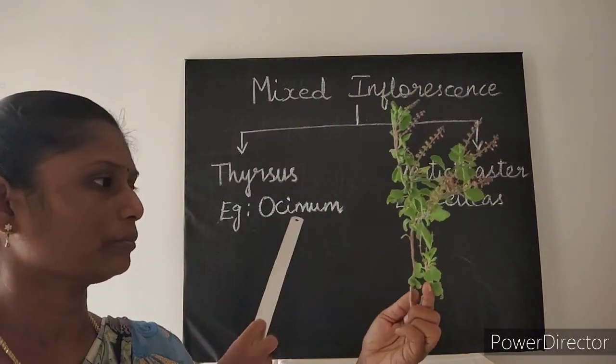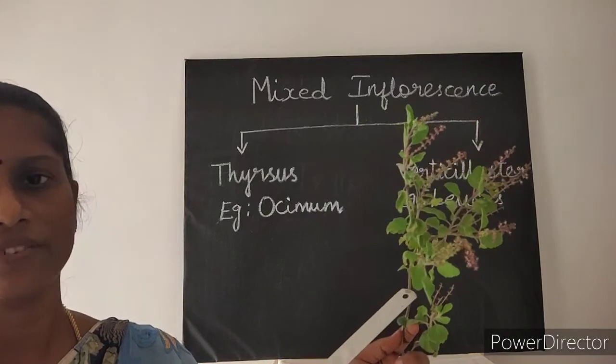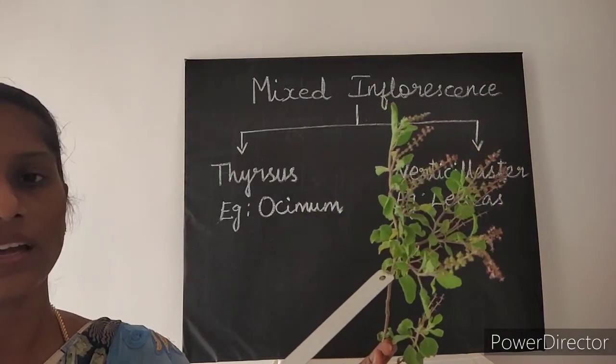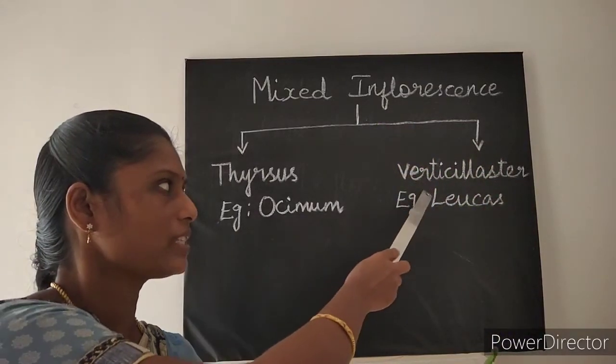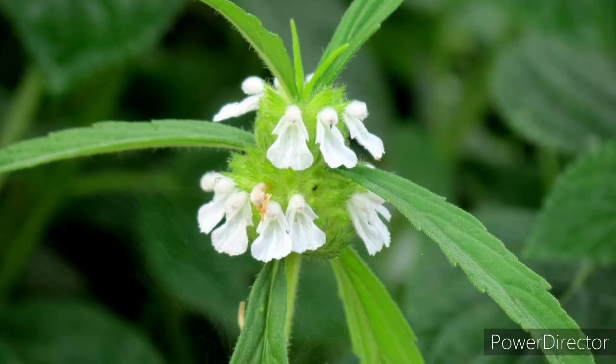Here the central axis is indefinite and it bears lateral pedicellate cymes. Next is verticillaster. Example: leucas.